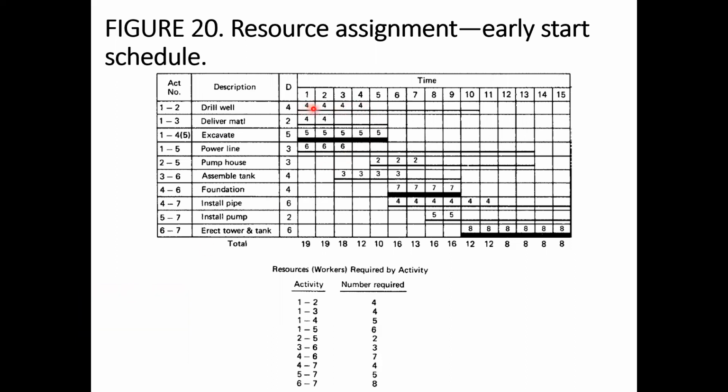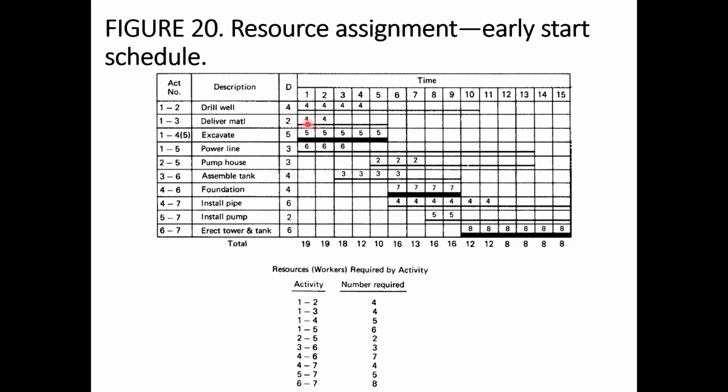Because there are 4 weeks of work in this activity, each week we will need 4 workers. So for 4 weeks and 4 workers, the total worker-weeks we need is 16. Similarly, for deliver material, we also need 4 workers.